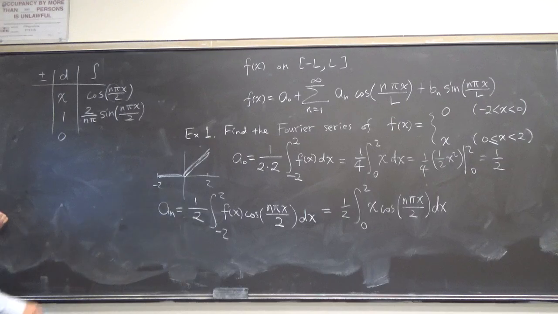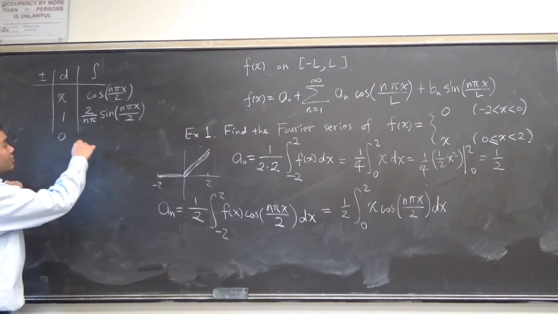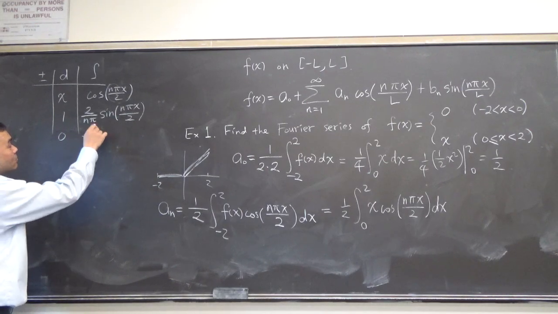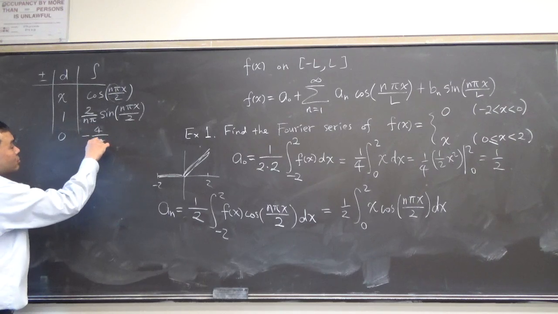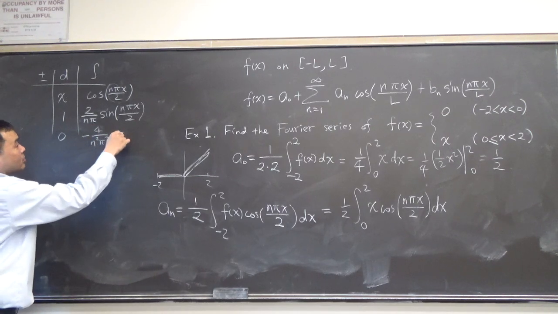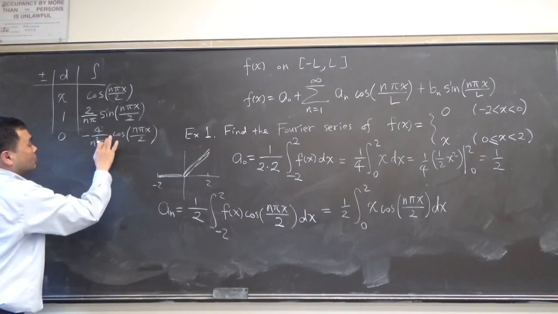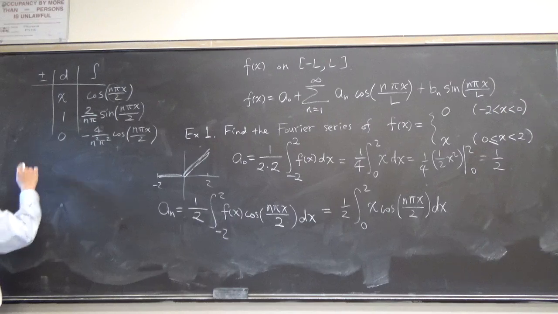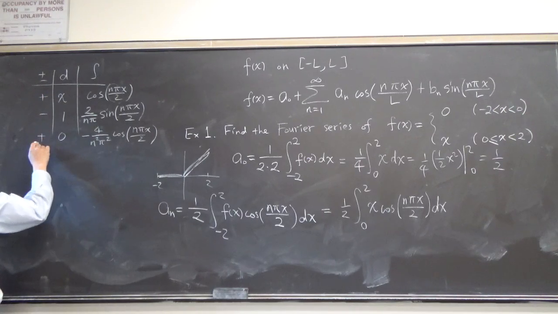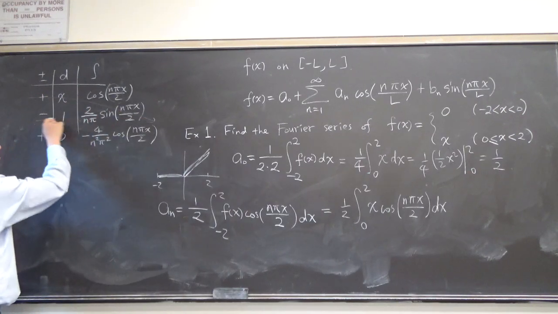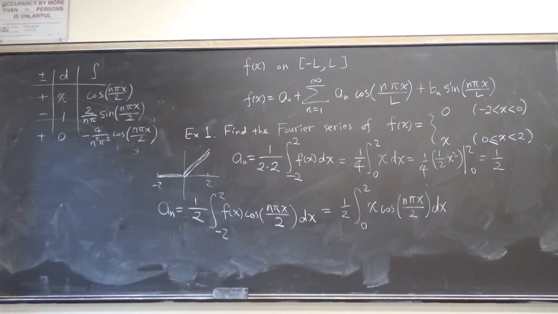And then you integrate this again, and you get negative 4 over n squared pi squared cosine n pi x over 2. And then plus minus plus.